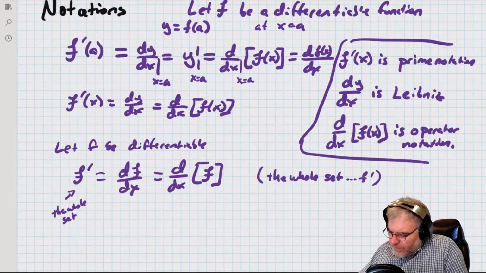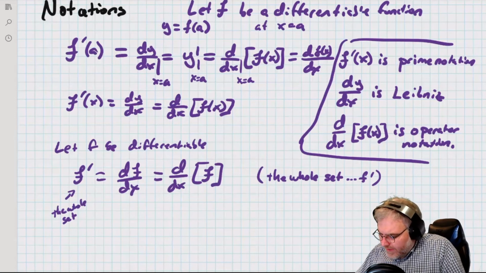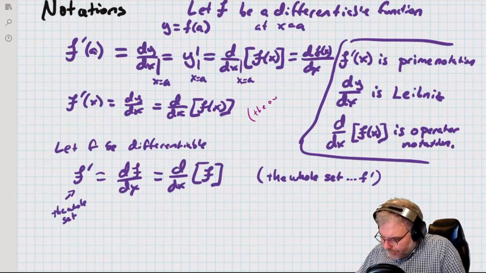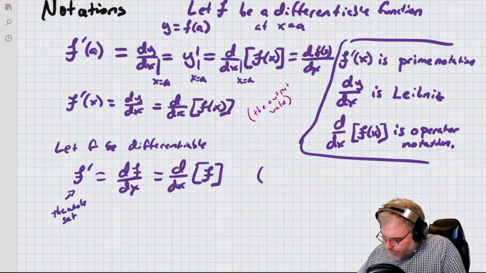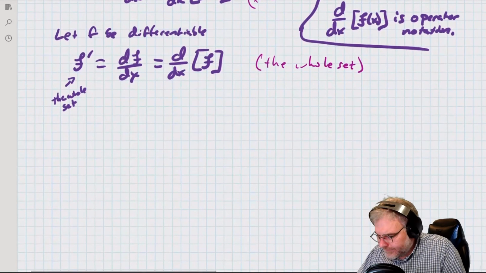Well, this usually refers to either the rule or the y value. Why so many? To make you mad.